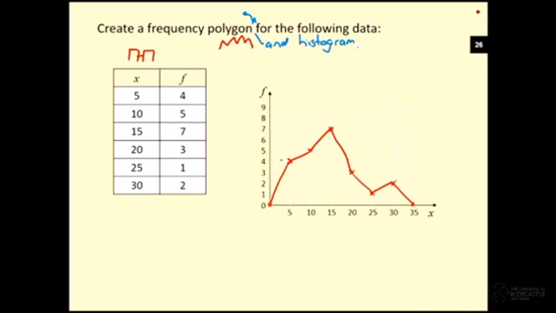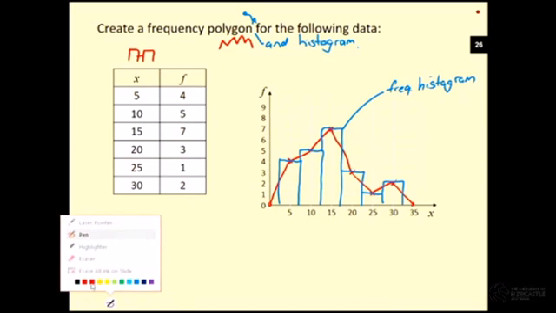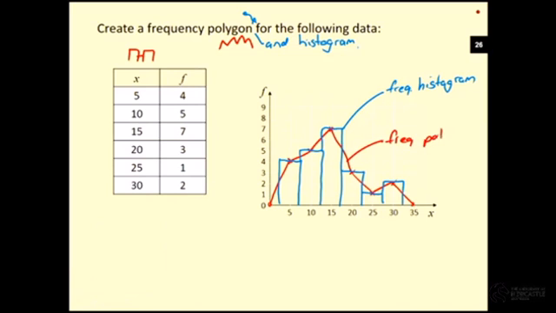I would just have done the same thing. Here's my histogram forming on the same axis. I know we already have done this. And I will just make sure I let the marker know, however, that that's my frequency histogram and the other is my frequency polygon. That's them. Okay.